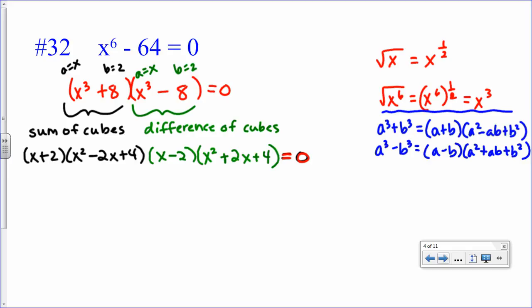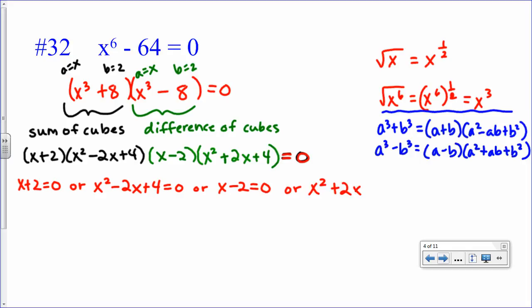All right, so all of these factors are either linear or quadratic, so I can go ahead and do the zero product property. So I can have x plus 2 equals 0, or x squared minus 2x plus 4 equals 0, or x minus 2 equals 0, or x squared plus 2x plus 4 equals 0.